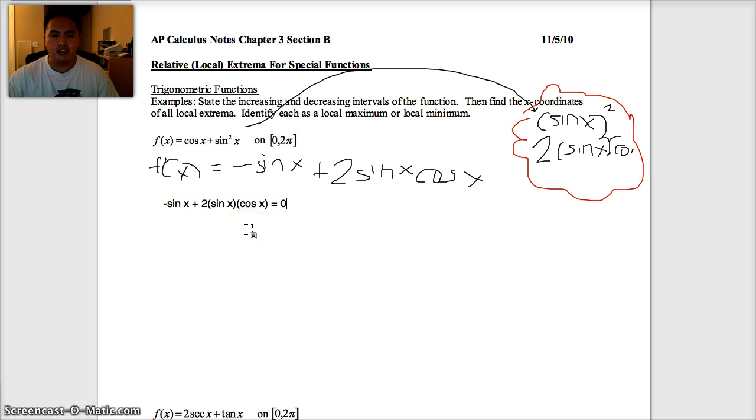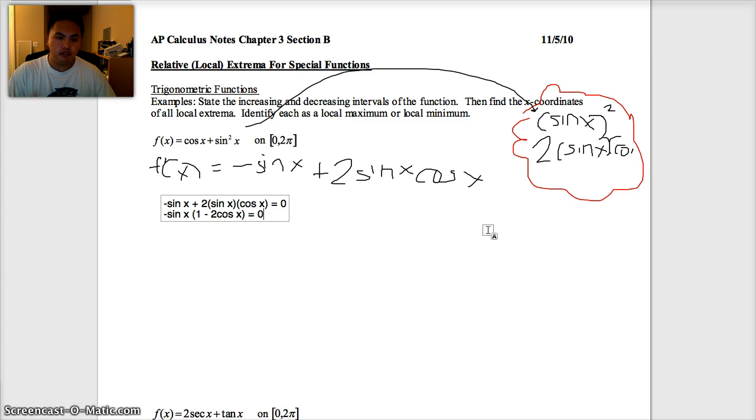Yeah, I'm going to factor this. What do this term and this term have in common that I could factor out of both of them? Sine x is my common factor. So just to make things nice and neat, I'm going to factor out a negative sine x, which would give me 1 minus 2 cosine x on the inside.